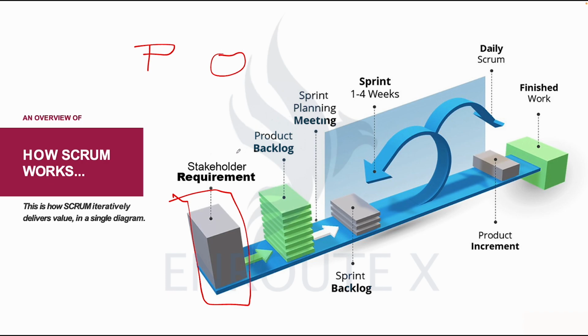The product owner engages with the stakeholder from time to time, and ensures that we have the right requirements from the stakeholder. When that is established, the product owner with the rest of the team sits together and breaks the entire project that needs to be developed into smaller bits.